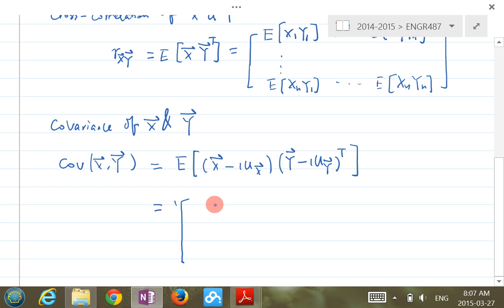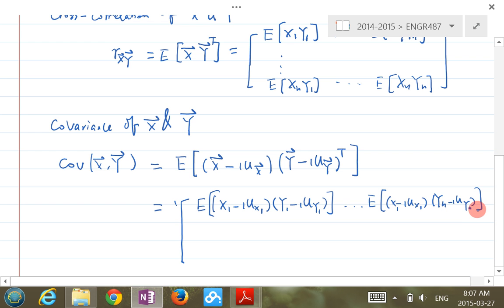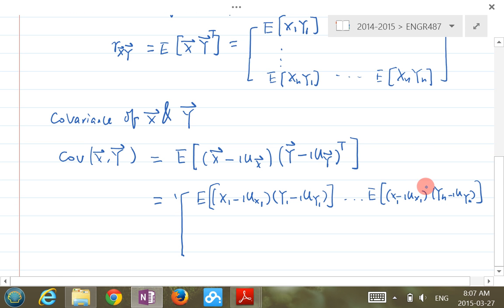This matrix has the expected value of x1 minus mu x1 times y1 minus mu y1, up to the expected value of x1 minus mu x1 times yn minus mu yn, that's the first row, and the rest down to xn minus mu xn times y1 minus mu y1.